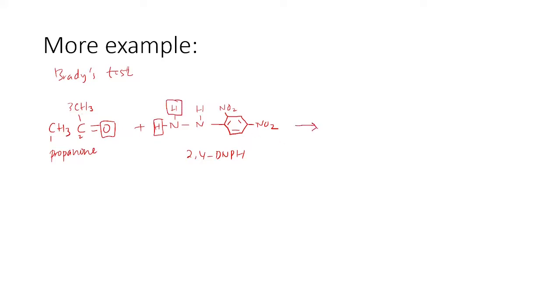So you will get, draw again the structure, CH3, C, CH3, double bond, N, H, benzene ring, NO2, NO2, plus H2O. H2O is the byproduct.